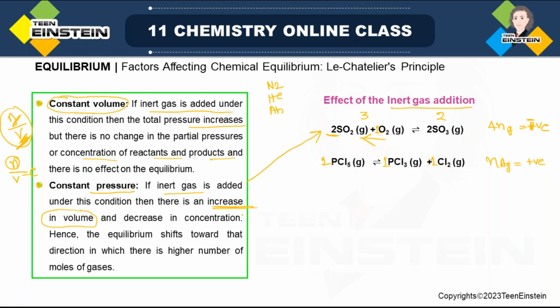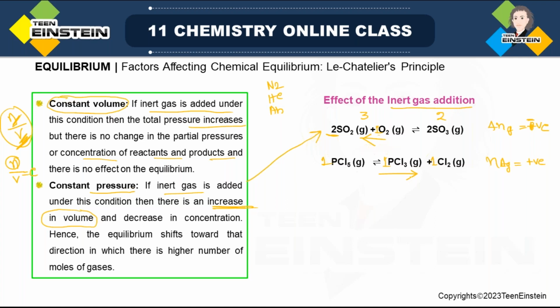But for the second reaction, the system will move towards the forward direction, because in the forward direction the volume is high. Fine. So under constant pressure, we are adding inert gas, volume is increased, and depending on what type of equation we have, del Ng positive or negative, we can have different results.